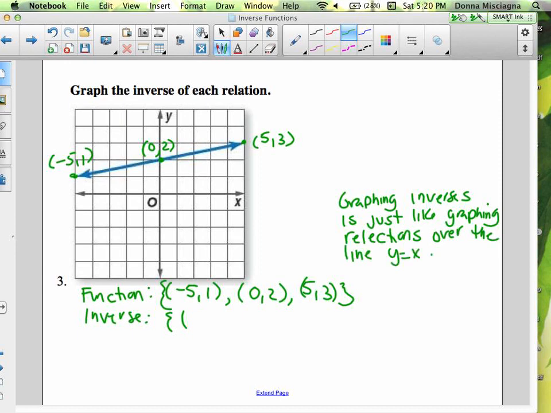If you remember the notation, (x, y) goes to (y, x). So they didn't know it, but they were graphing inverses all this time. You were graphing inverses when you were in geometry.